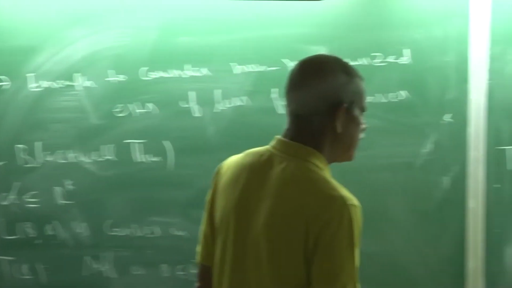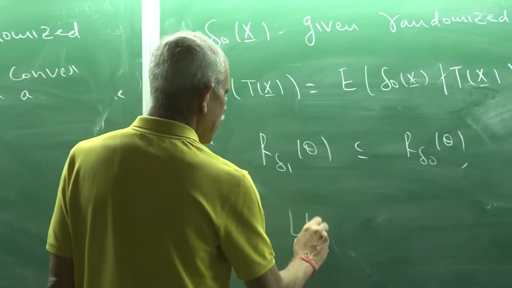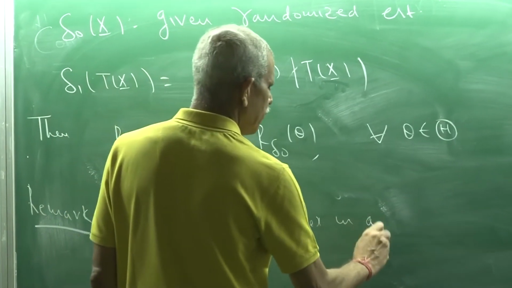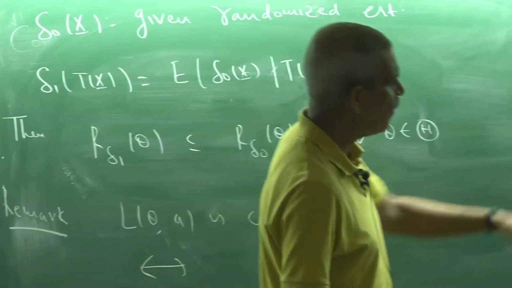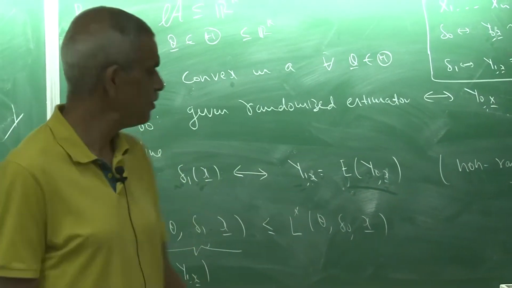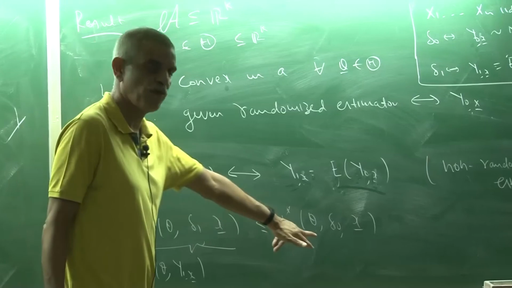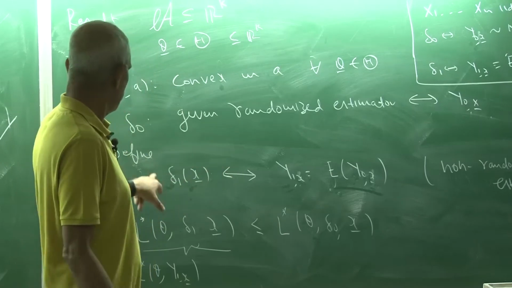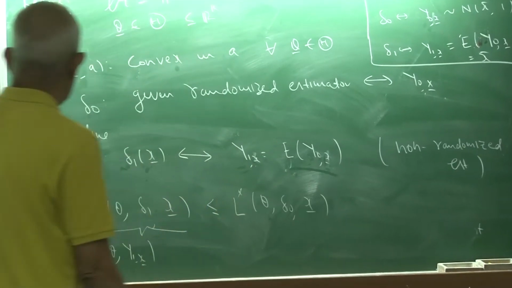So what these two results suggest is, if L theta A is convex in A for every theta, then the first result says it is enough to consider only non-randomized decision rules, because given any randomized estimator, you can find a non-randomized estimator whose risk is smaller than the given delta naught. This again follows by Jensen's inequality, because this y1x is nothing but an average of y0x. So it's just a simple application of it.